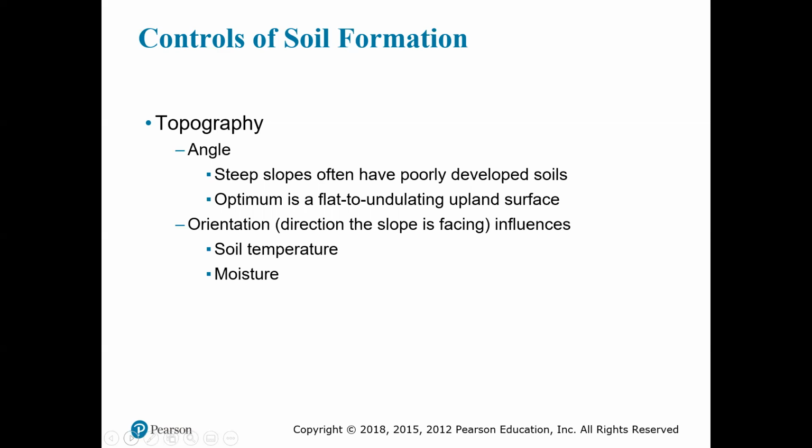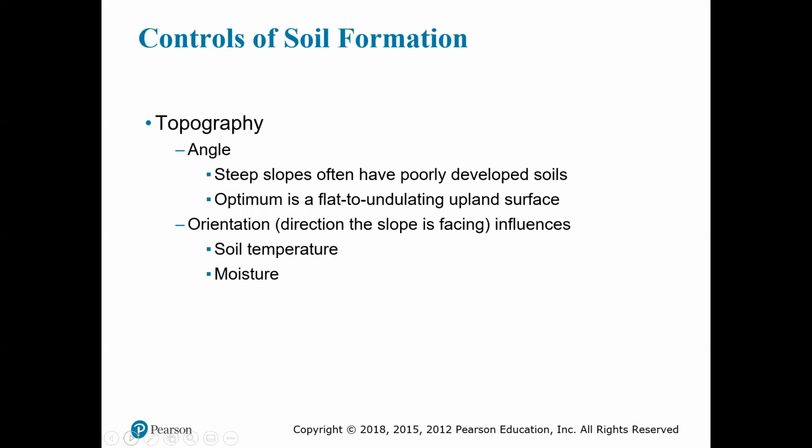On steep slopes, we don't tend to see mature soil formation. Water runs off so quickly that it doesn't have time to soak in, so the moisture content is not going to allow for vigorous plant growth. And this is going to lead to increased weathering and increased erosion.